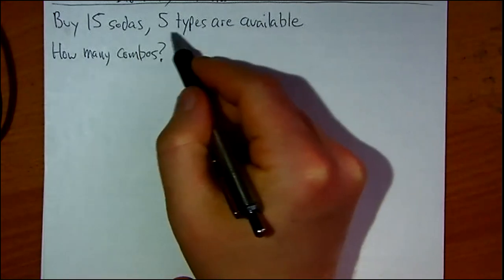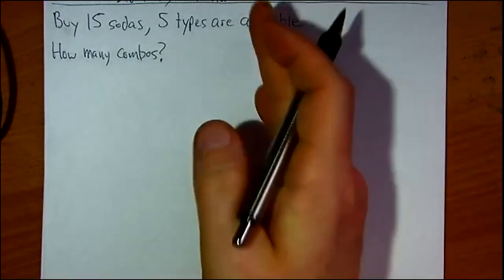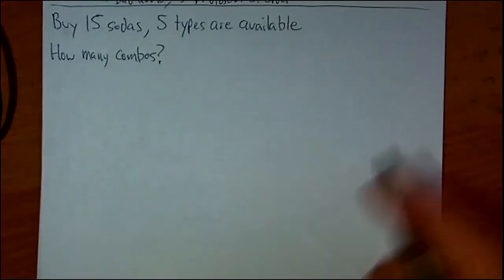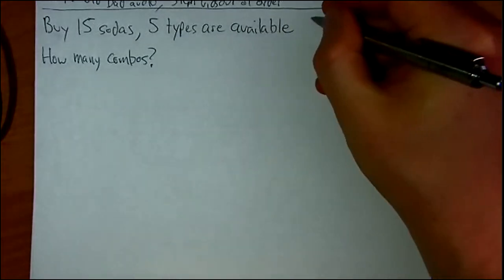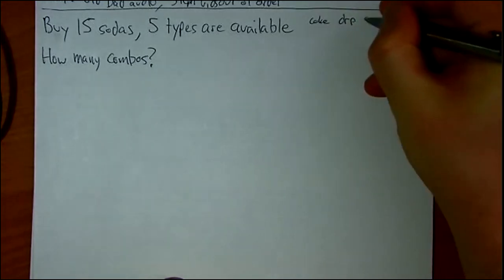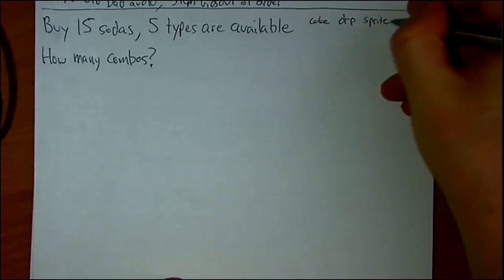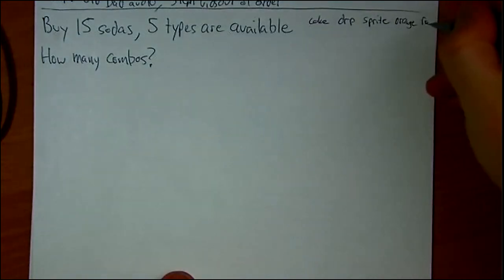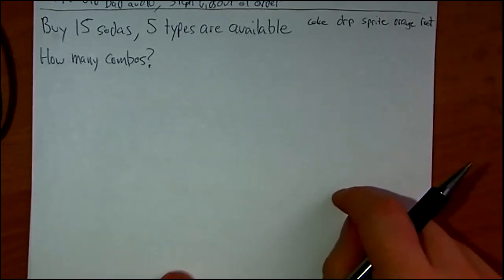But we're also going to have slots to divide up the sodas that we buy into categories, okay? Now, for example, let's say we had Coke, Dr. Pepper, Sprite, orange, and root beer, okay? So those are the 5 kinds, for example, right?